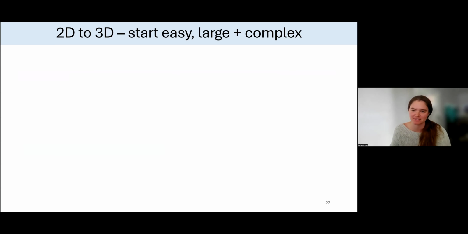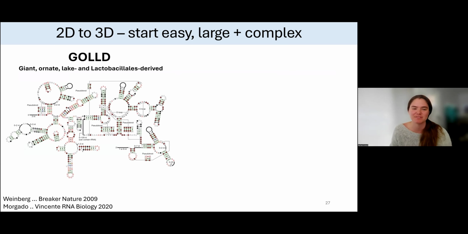We start with the easiest structures for cryo-EM, which previously would have been some of the hardest structures for a method like NMR or crystallography: large and complex RNAs. They would be easier to see on our micrographs, and the complexity means they're more likely to be globular, more like the proteins we're used to solving.